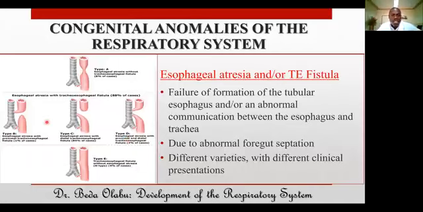And I want you to look at these images again and tell me, out of these three, which child will have distension of the abdomen even without eating? Is it type A, type B, type C, type D, or type E?